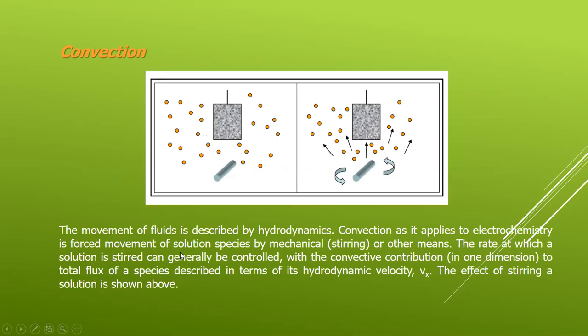So convection, as it applies to electrochemistry, is forced movement of solution species by mechanical stirring or by other means. The rate at which a solution is stirred can generally be controlled, with the convective contribution in one dimension to the total flux of the species described in terms of its hydrodynamic velocity v sub x.